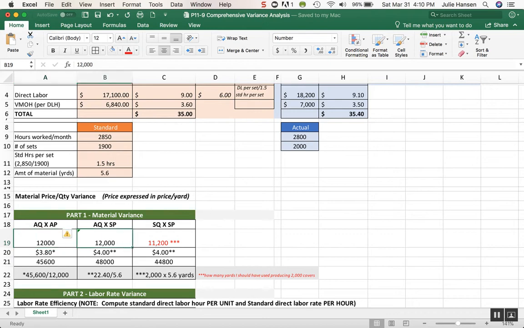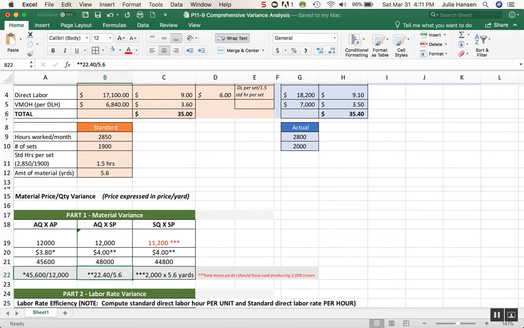Okay, so then to find the actual price variance, I just take that 12,000 yards that I purchased and I come up with the $4 for the standard price. Now remember, where did I get that? Well, I took the $22.40, which was the standard, and I divided that by the number of yards that were taken up per set, because that $22.40 is on a per set basis, but I don't really want to calculate that on a per set basis.